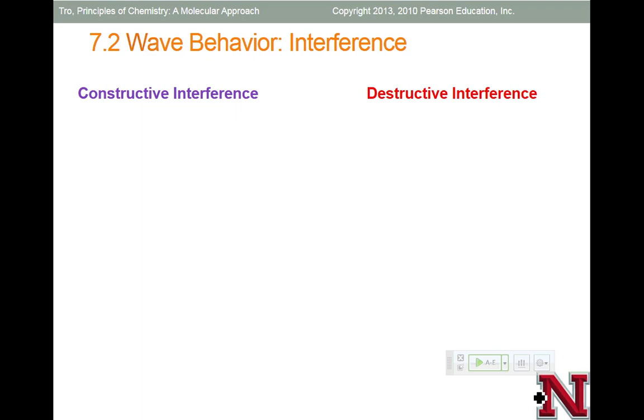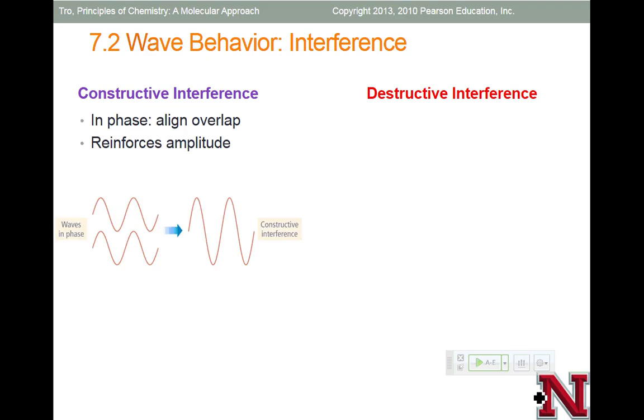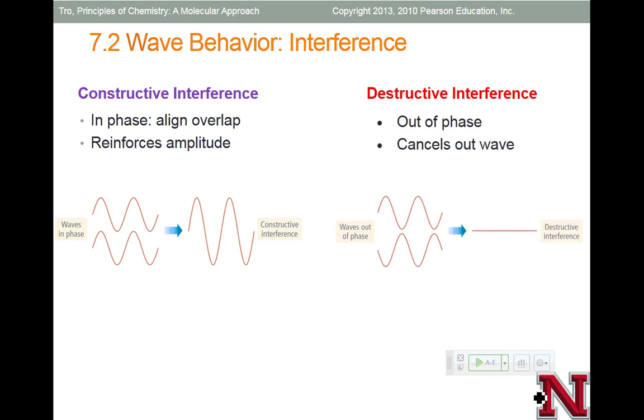And you can kind of get a good idea of what those are just based on the names. So if your waves align, or they're what we call in phase, then that's going to reinforce the amplitude. And that's what we call constructive interference. However, if our two waves are out of phase, then they cancel each other out somewhat, and that's going to be destructive interference.